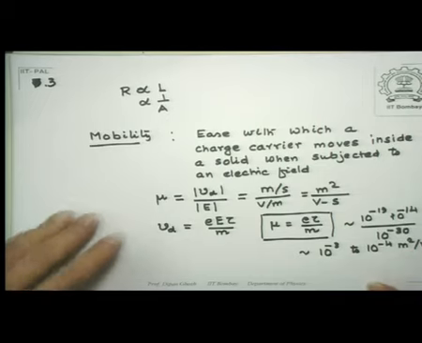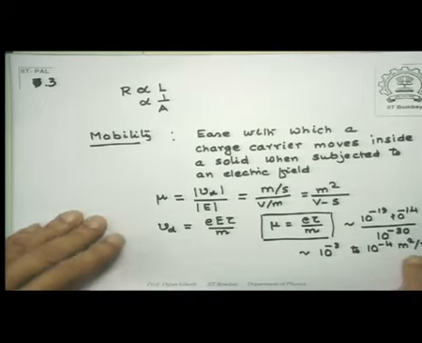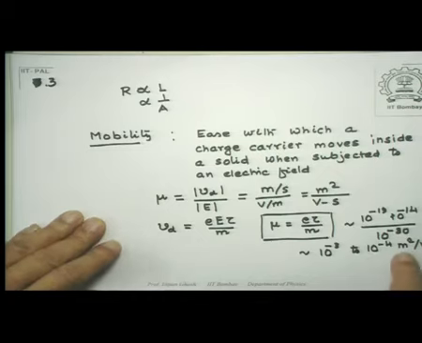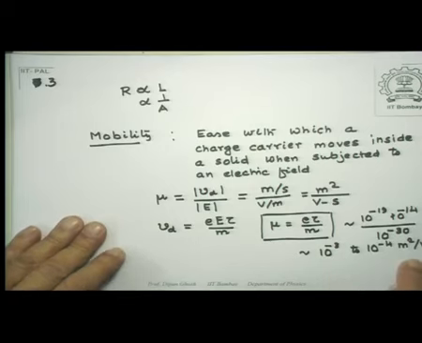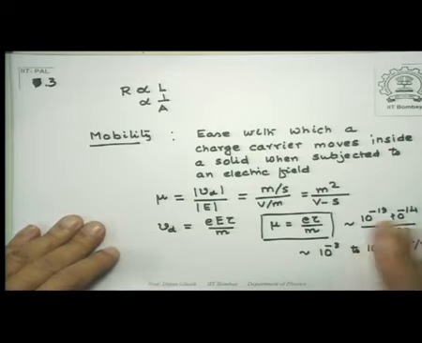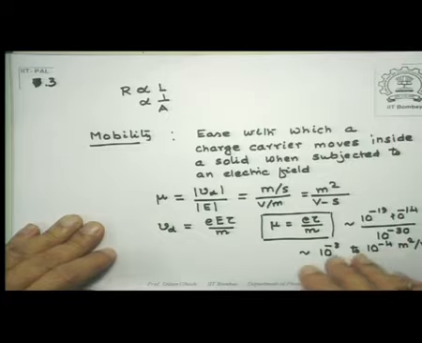Usually this is measured not in meter square by volt second, but in centimeter square per volt second. We will do some calculations; we will see this is not very large for a substance like copper, etc. Where mobility becomes much more important is in semiconductor devices, solid state devices. They require large mobility for their efficient working.